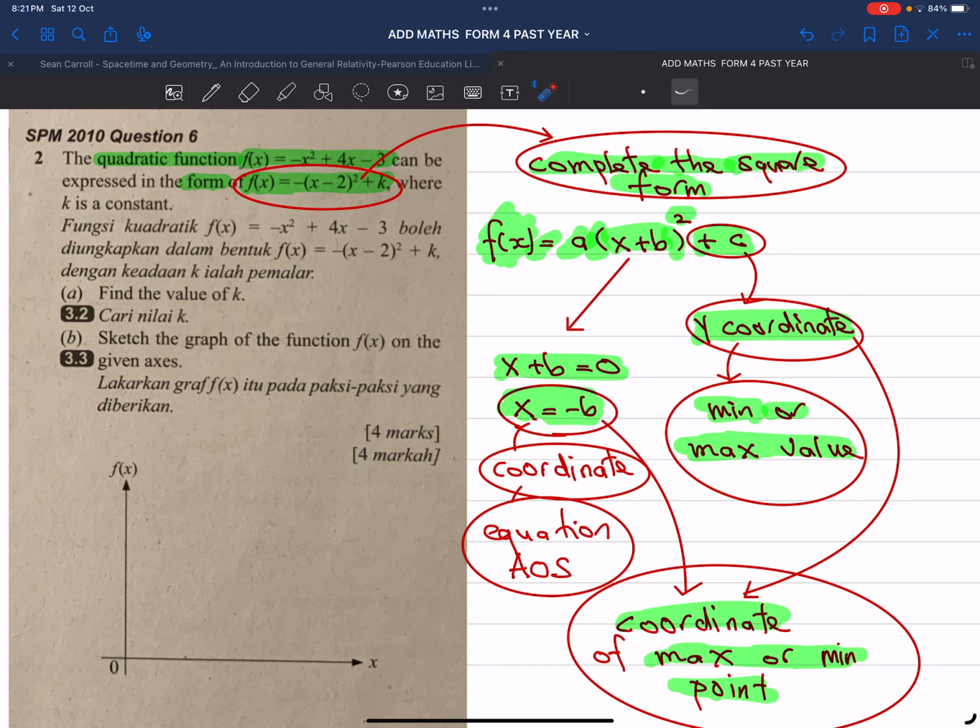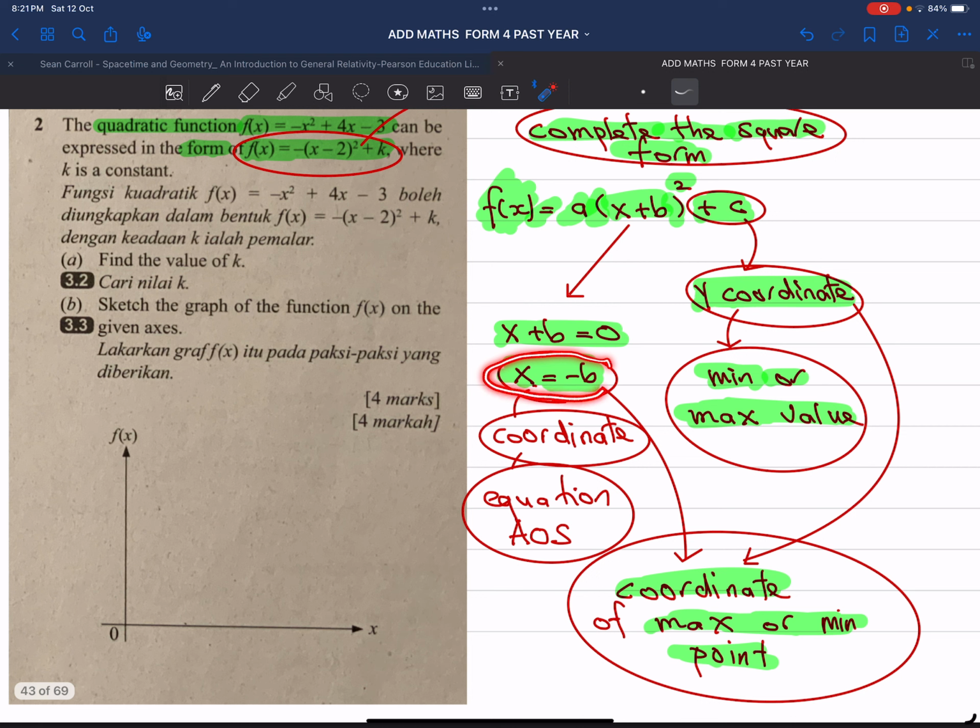Inside the brackets, x plus b, make it 0, you will get x equals negative b. This x equals negative b is the x coordinate of the minimum or maximum point. Therefore, the c is the y coordinate of the maximum or minimum point, and the x is the x coordinate of the minimum or maximum point.